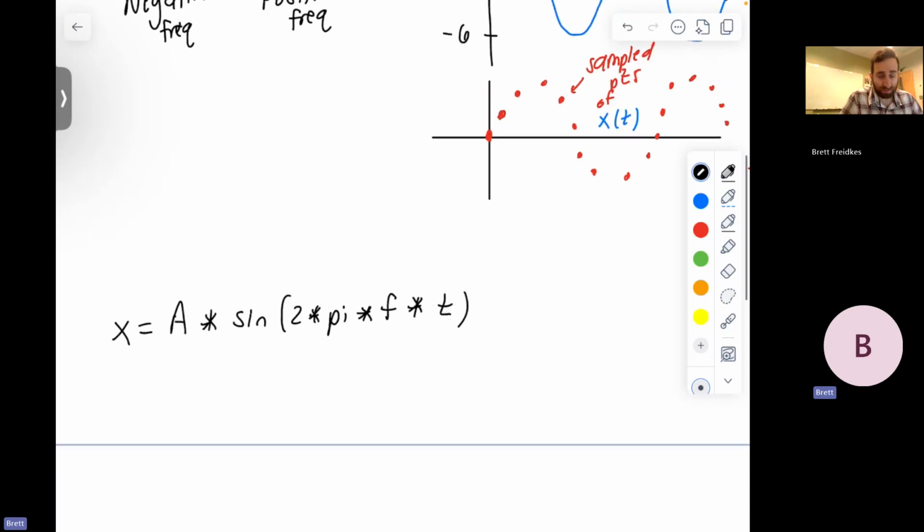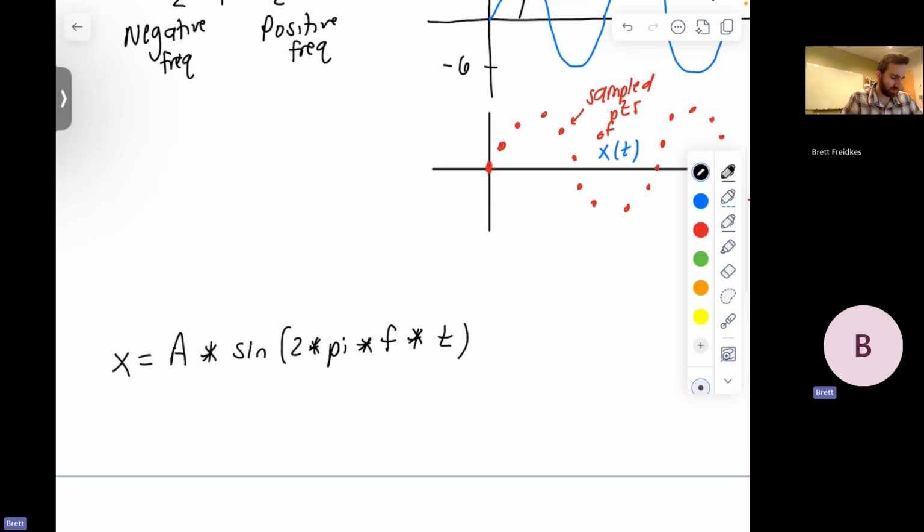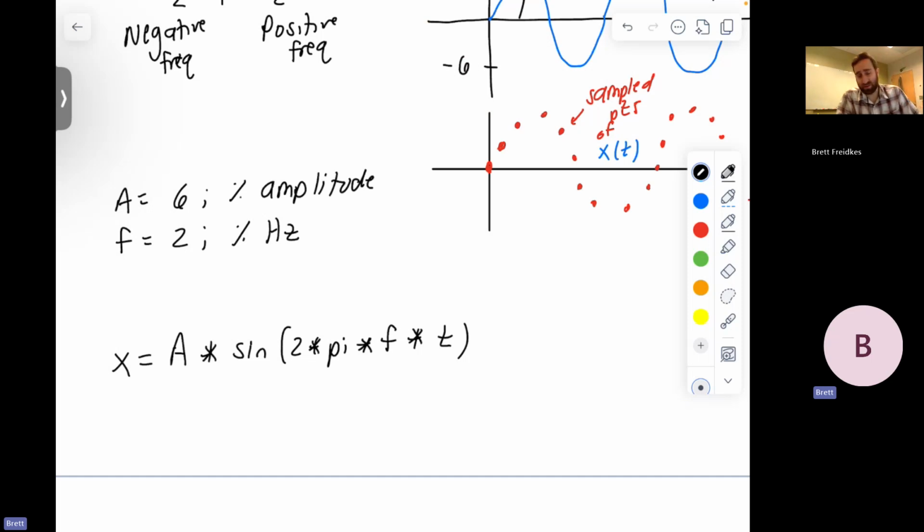And I'll do this in MATLAB after the fact. So in this problem, we know that the amplitude is 6. Again, just hard coding it in case we wanted to change it and make it more robust. We know that our frequency is 2. Again, this is in hertz. This is amplitude. Maybe that unit is volts, or maybe it's velocity, whatever our signal is.